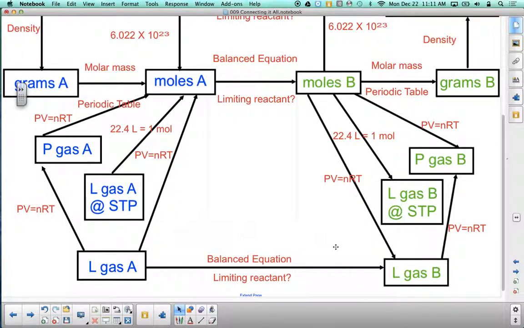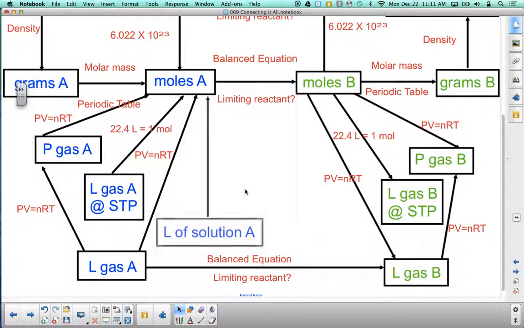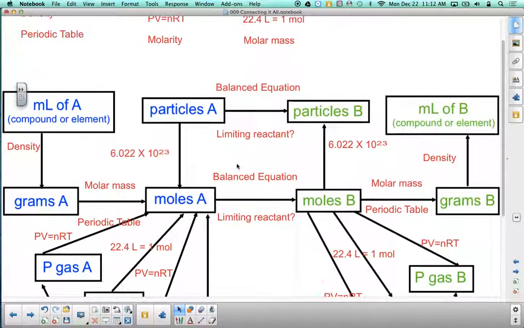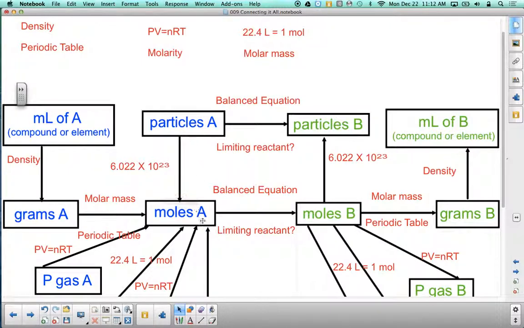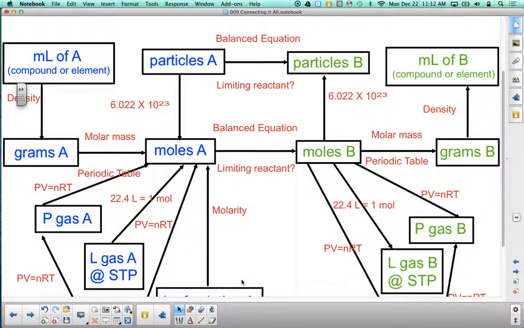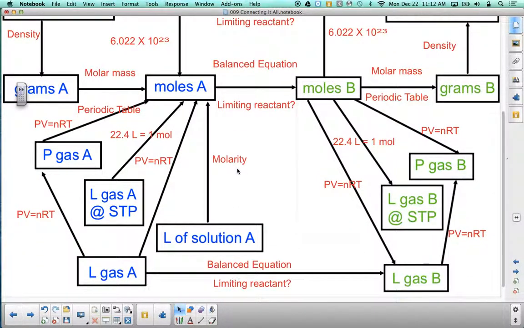The last possibility we have are solutions. If substance A has been dissolved into water, it's possible that our amount of A might be given as liters of solution. And we know that the connection between liters of solution and moles of the substance that's been dissolved in it is going to be our molarity, because molarity is moles per liter.